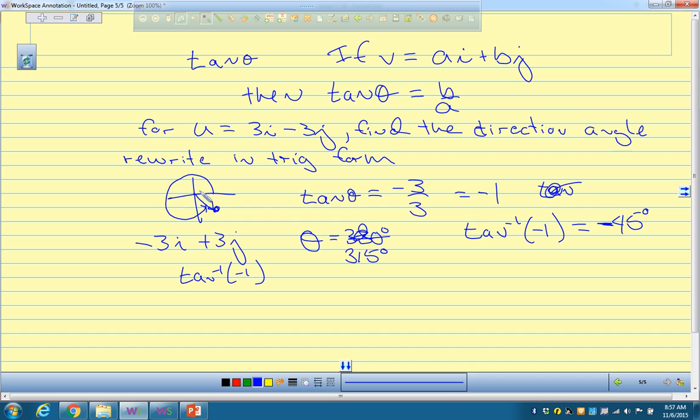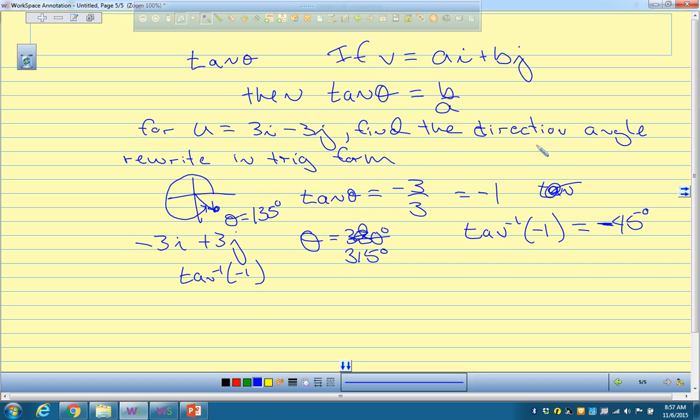But I have to know that in this case I'm in the second quadrant, and so my direction angle theta is equal to 135 degrees, right? So if you're going over 3 and down 3, then your direction angle is 315, but if you're going back 3 and up 3, then your direction angle is 135. So you got to be careful.